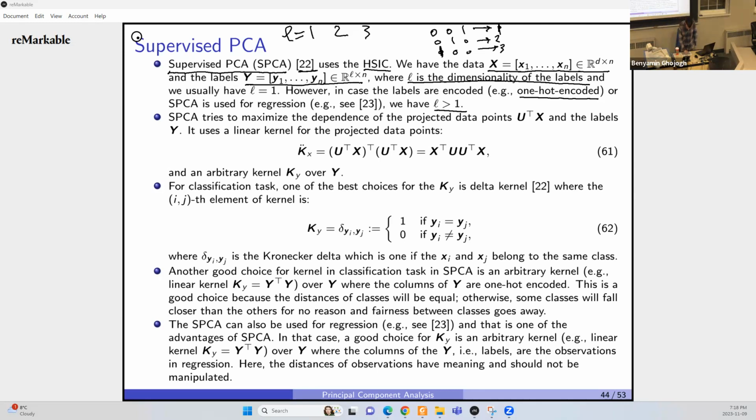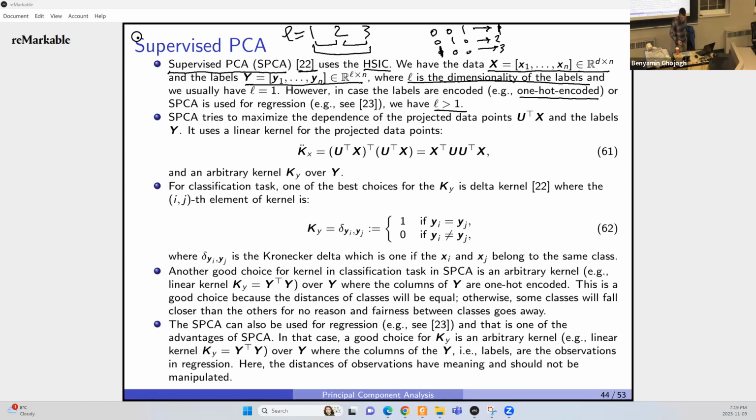See, 1 and 2 has distance 1, 2 and 3 has distance 1, but 1 and 3 have distance 2. That's an issue. Who says that class 1 and class 3 are further from each other than class 1 and class 2? Right? But when you do one-hot encoding, you will not have that issue. They will have equal distances, right? At least they have equal Hamming distances. So now you have these things.